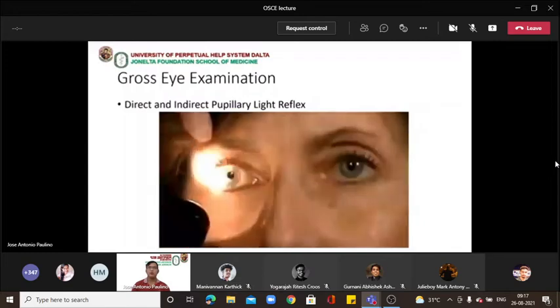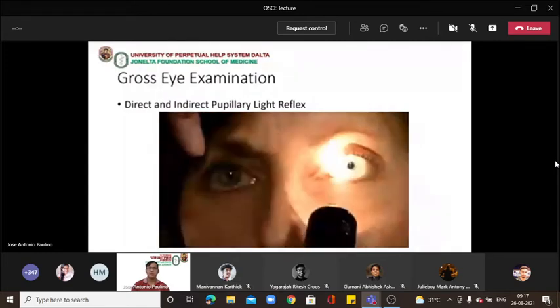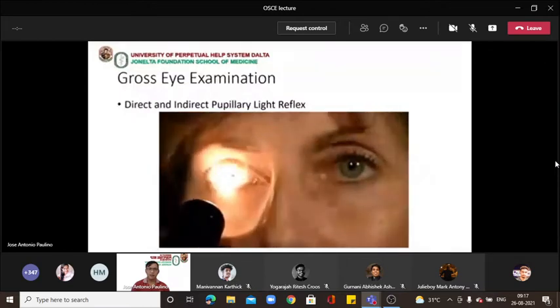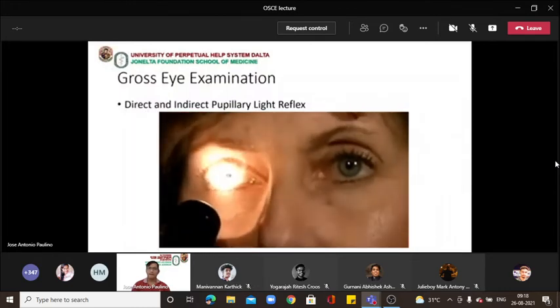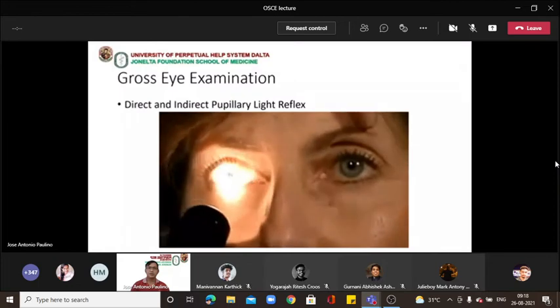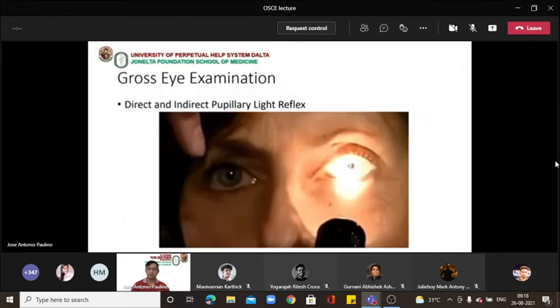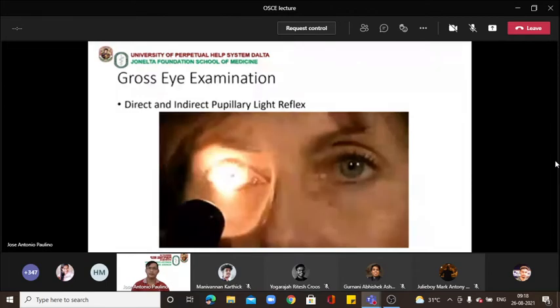So we say that the pupil is 3 millimeters briskly reactive to light. After we do that, we should also look at the other eye, even if there is no light. The normal response would be that the other eye would also constrict. That is the consensual or indirect pupillary light reflex.